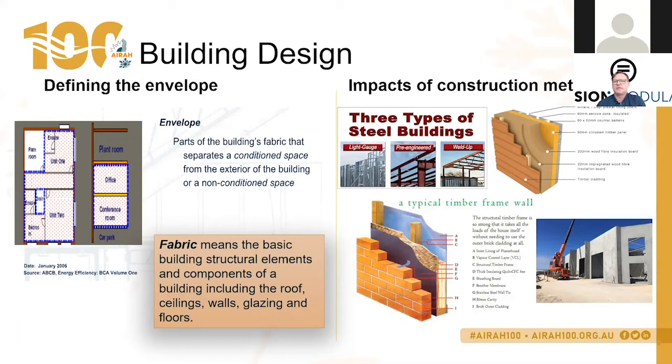The plant room is not provided with active air conditioning, and the stair is not provided with any active air conditioning. Both these spaces would strictly be considered non-conditioned spaces, and therefore the internal walls surrounding these spaces would be required to have insulation and sarking to ensure air leakage is controlled and the walls are insulated. So, in other words, they must comply with parts J1 and J3.